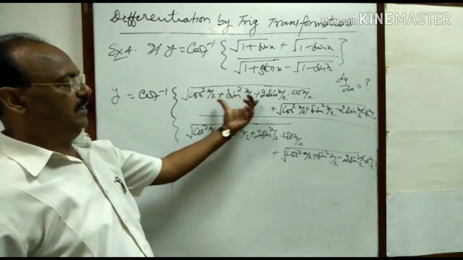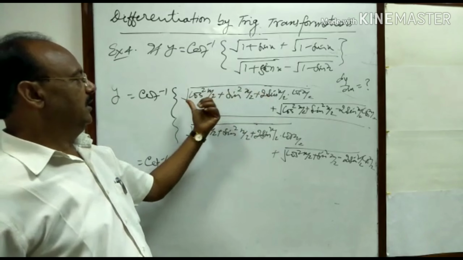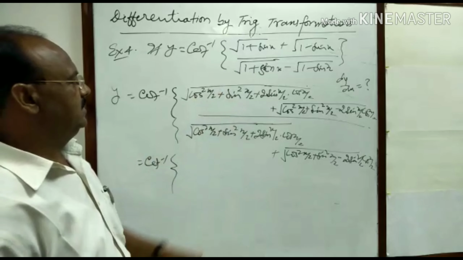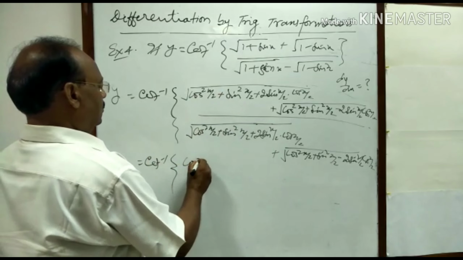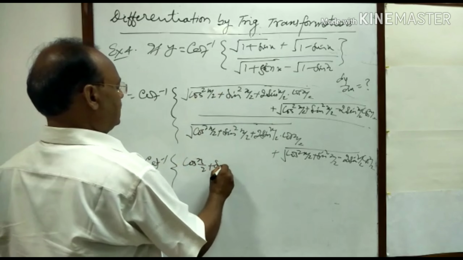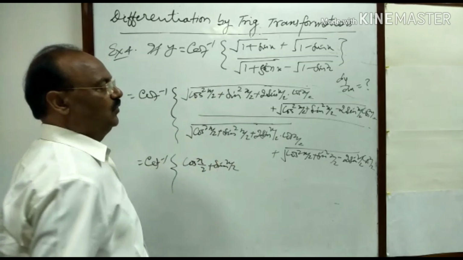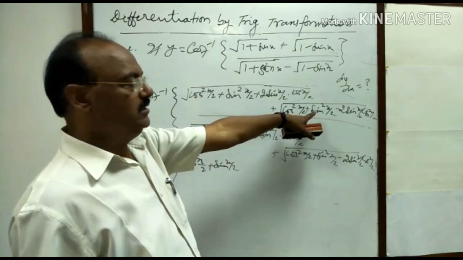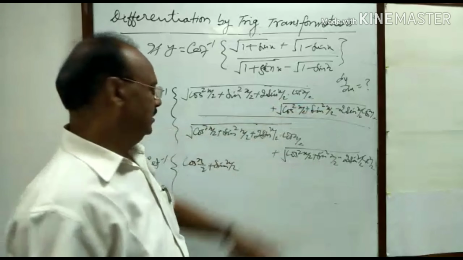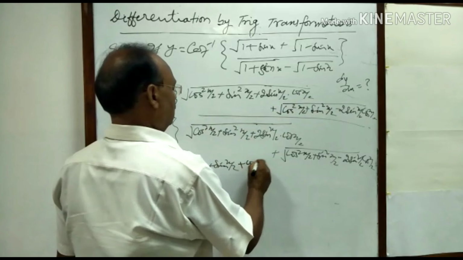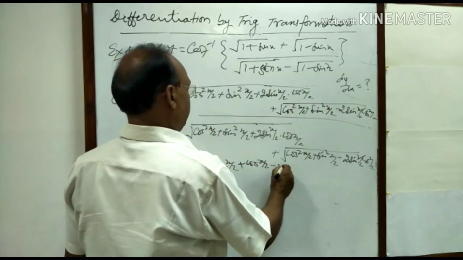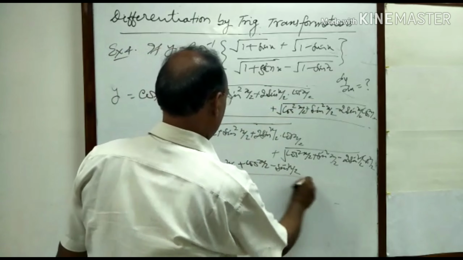This is in the form of a plus b whole square, and the root sign is here. So simply this can be written as cos of x by 2 plus sin of x by 2. Similarly, this can be written as cos x by 2 minus sin x by 2 plus cos of x by 2 minus sin of x by 2.